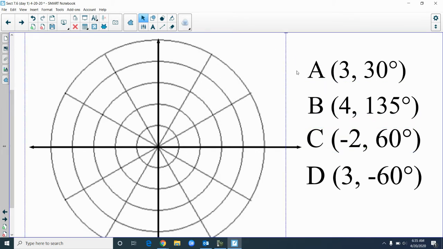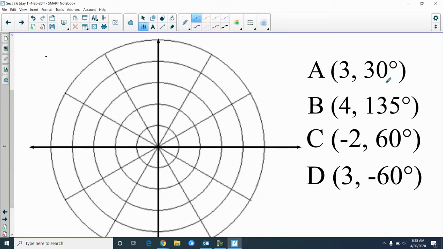Point A is (3, 30 degrees). Your degrees are just like a direction, like we've been using. 3 would be a radius. So these are equal radiuses. Going from the origin out, that's 1, that's 2, that's 3, that's 4, that's 5. That tells you how far out to go from the origin.